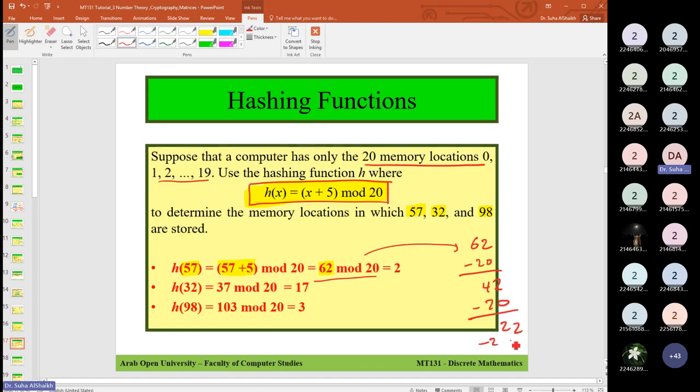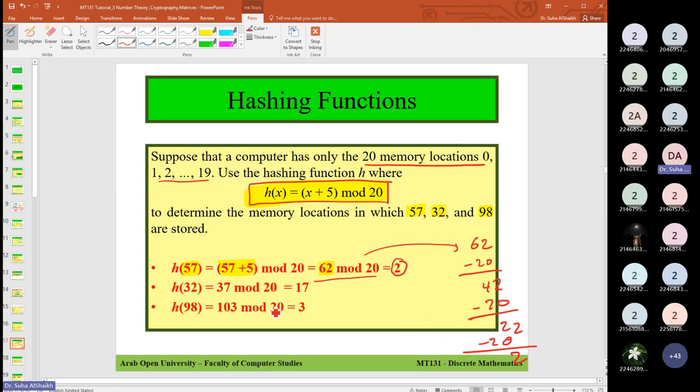And I subtract 20 a third time. This is 2. So the remainder is 2. You got it? Just like there we subtracted 26 until we reached a value within the first 26 digits, the same thing here. I'm going to subtract 20 again and again until I reach a value less than 20, which is 2 in this case.